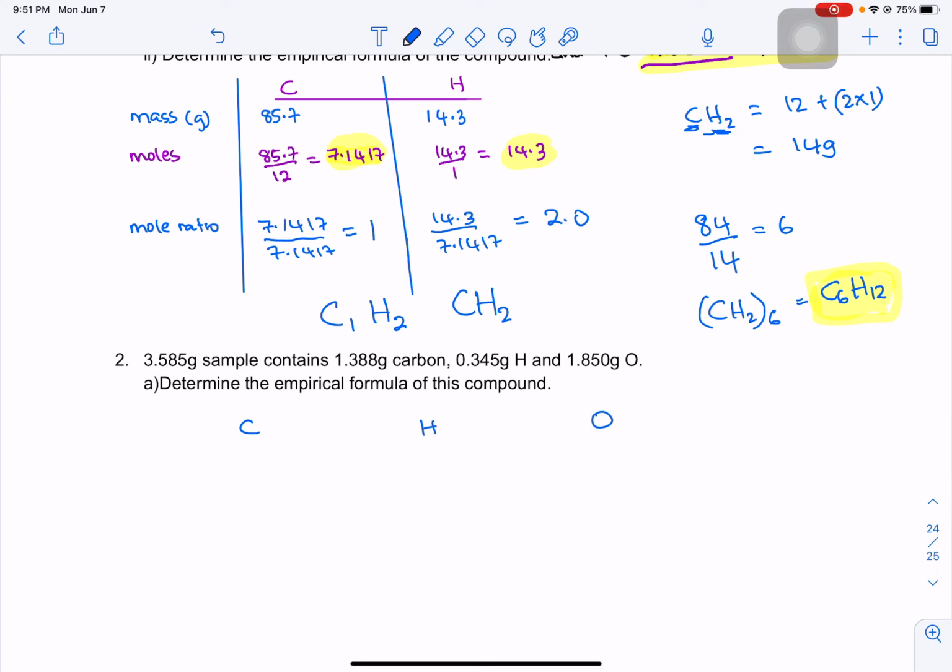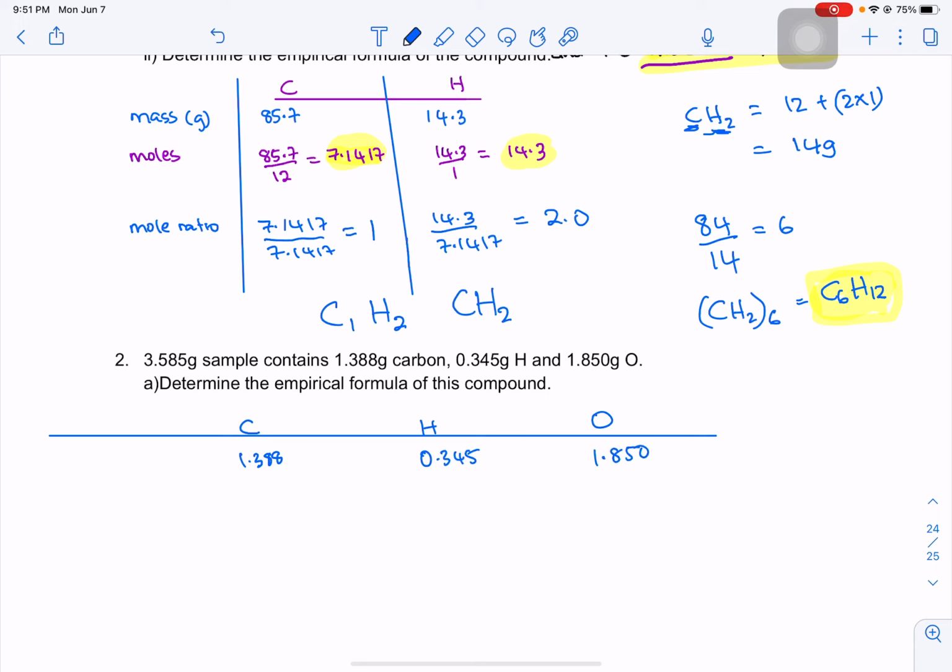And this time around we're actually given the mass, so we don't have to pretend anything. Here we are given 1.388 grams, here 0.345 grams, and here 1.850 grams. We are going to do the same thing here. This is the mass.